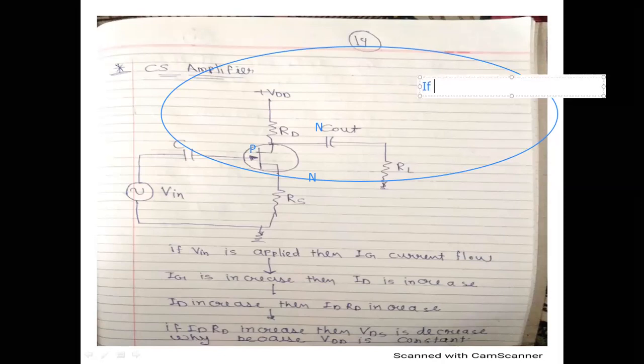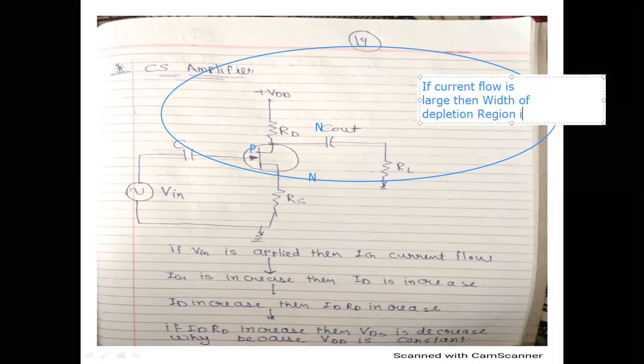If current flow is large, then the width of the depletion region is decreased.